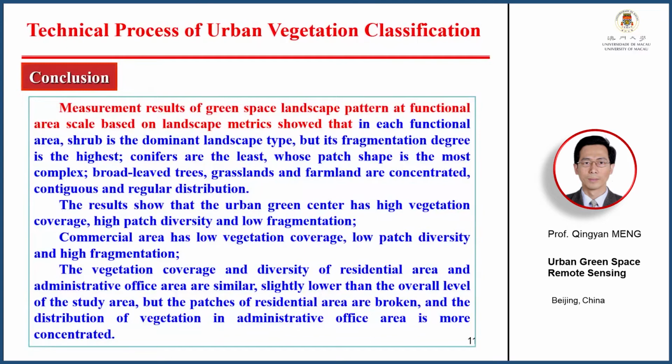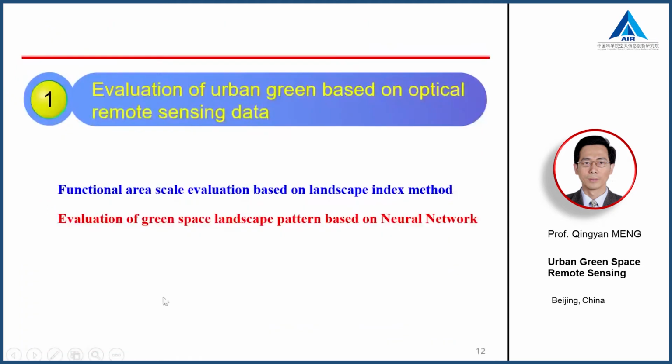The result shows that the urban green center has high vegetation coverage, high patch density, and low fragmentation, whereas the commercial area has low vegetation coverage and low patch density, and we can know the characteristics of the research area. You can study your area of interest in the same way.